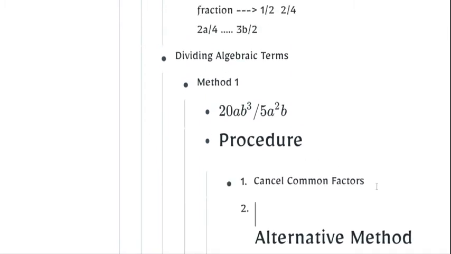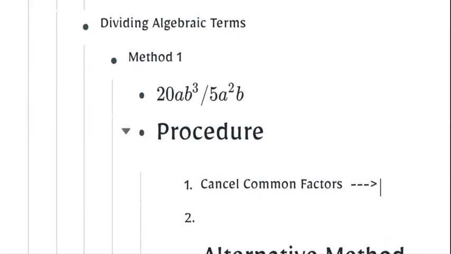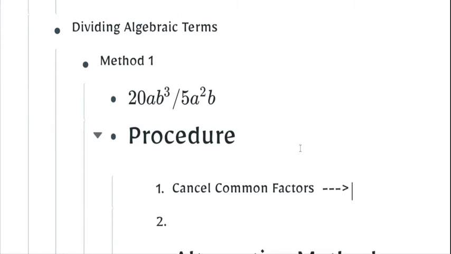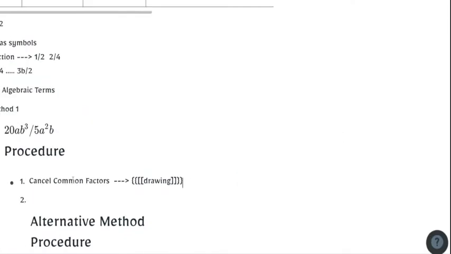Now, let's look closely at this fraction first. Is there anything that is common to both, 20 and 5? Do we have anything in common between those two numbers? Let me draw it for you.